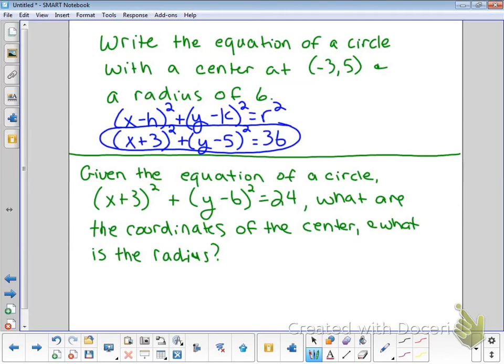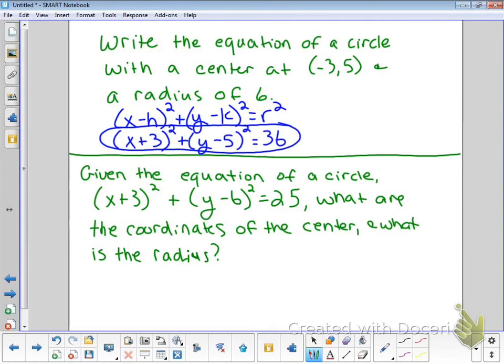On the next one, given the equation of a circle, (x plus 3) squared plus (y minus 6) squared equals, let's change that to a 25. What are the coordinates of the center and what is the radius?